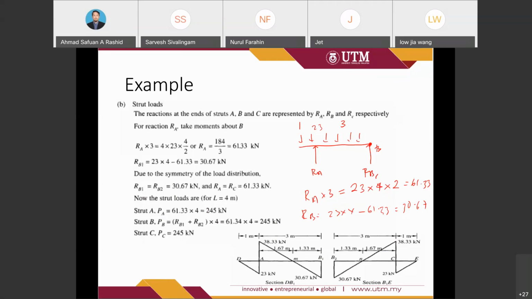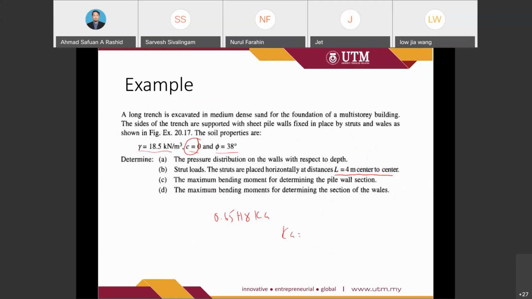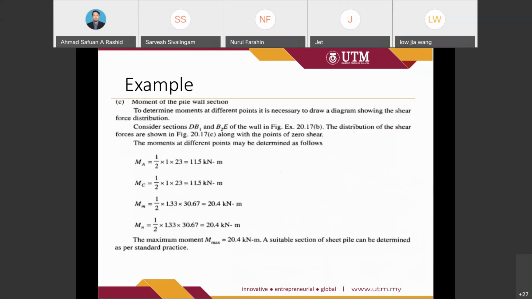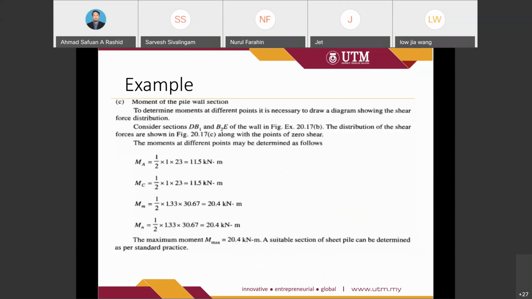Then the maximum bending moment for the pile wall sections. To determine the maximum bending moment for the pile wall sections, consider the sections DB1 and B2E of the wall, from the shear force diagram.